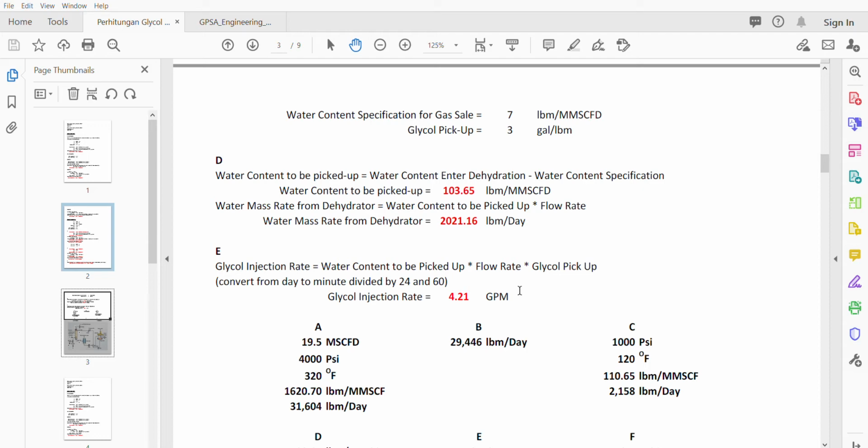So basically water rate from the dehydration multiplied by this gallon per minute, so we end up with gallon per day, and divided by 24 divided by 60, we have 421 gallon per minute.